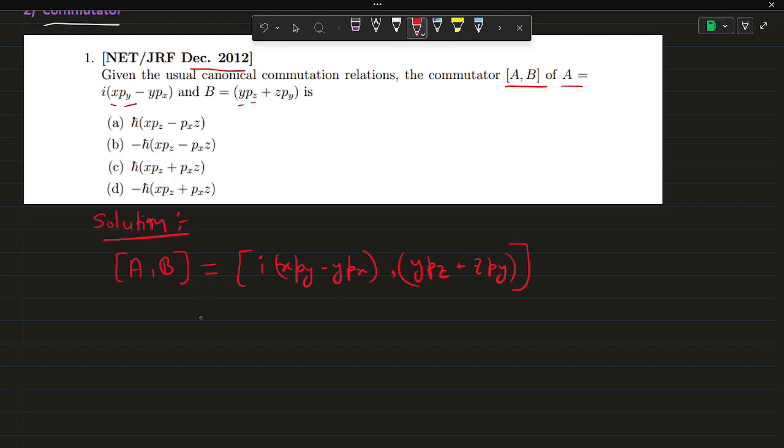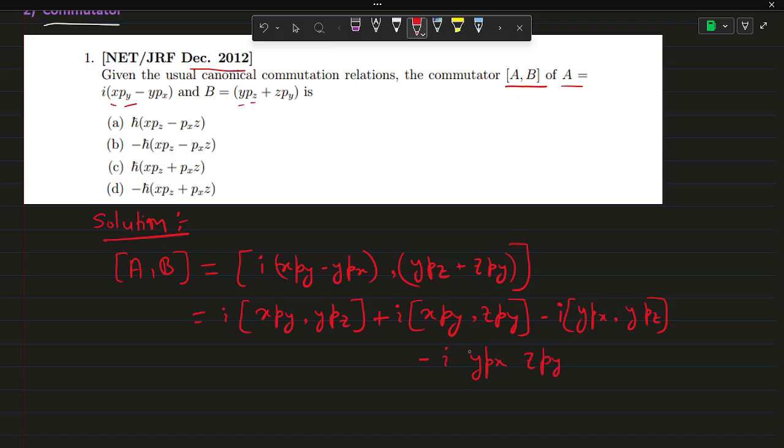Solving this equation, you can take i outside, so it will give i x py y pz plus i x py z py minus i y px y pz minus i y px z py.